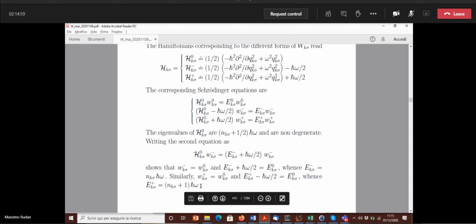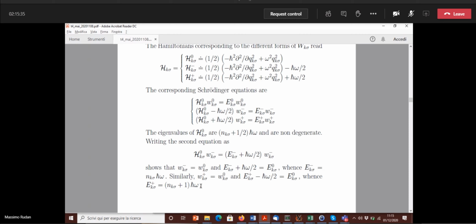The differences between the eigenvalues look small, but they are important because this is the expression of the energy of the single mode of oscillation, that is, the mode of oscillation related to the specific wave vector and to the specific polarization.